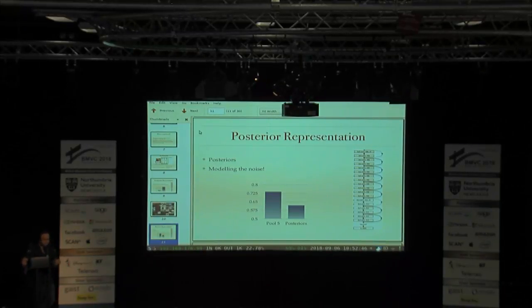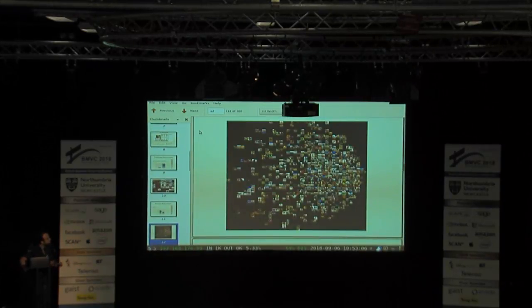You have 1,000 classes from ImageNet, so you train a multi-label classifier. The data set is MS COCO, so there's not much overlap over there. And we see that between the pool 5 representations and the posteriors, there's a huge drop. That's okay, because if you plot the initial representations, and see what it looks like.